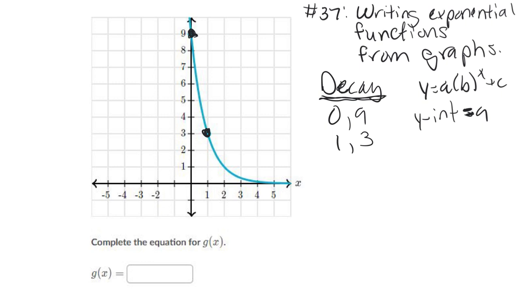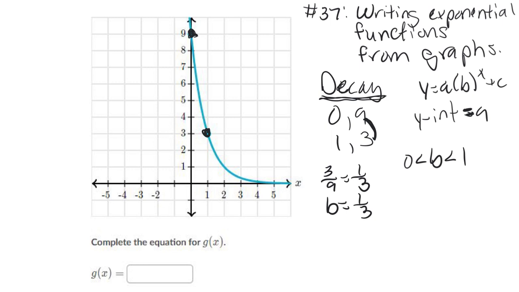I simply take 3 and divide it by 9. And if I get 3 divided by 9, my answer is 1/3. That is my b. Now this makes sense because b equals 1/3, and I know this is decay, so I know my b has to be between 0 and 1.